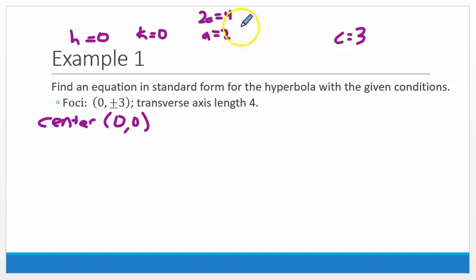And for finding our last value, the b value, we can use our Pythagorean theorem, which says that a squared plus b squared, which we don't know what it is, equals c squared, which is 9. So if you solve this equation, you subtract 4 from both sides and then take the square root. So you end up with b equal to the square root of 5.